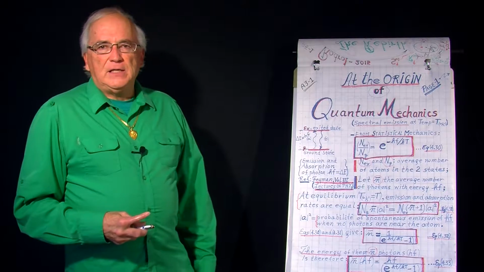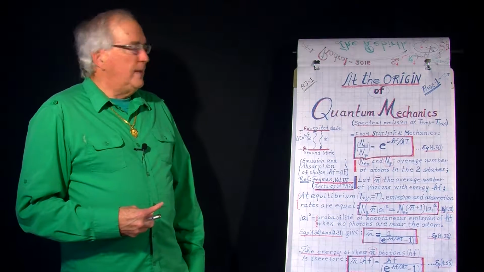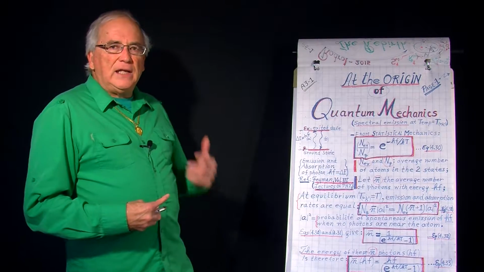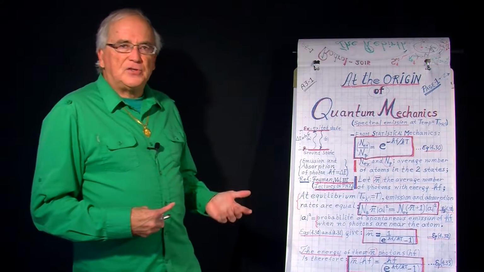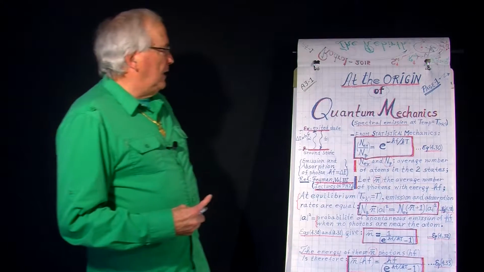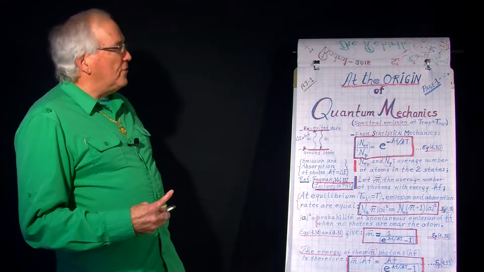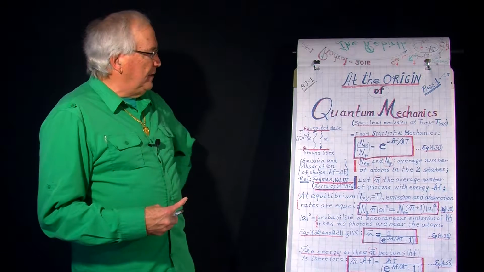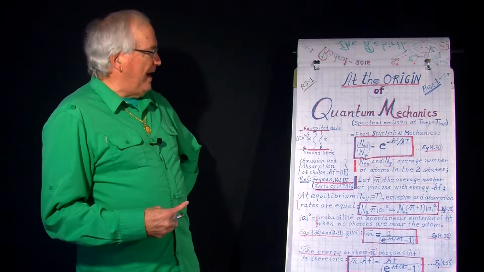Hello everyone. So now I'm going to try to give you a little historical introduction about quantum mechanics. At the origin of quantum mechanics, I talked in the earlier presentation about Max Planck.